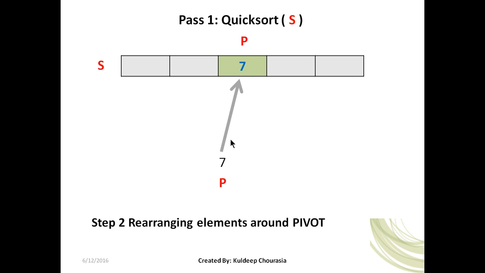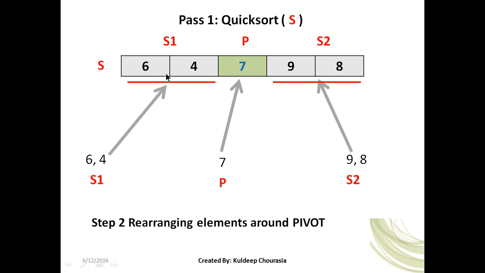At first I put pivot 7 in the center. Then I put numbers less than pivot, which are 6 and 4, to the left. Then I put numbers greater than pivot, which are 9 and 8, to the right. The order in which you put 6 and 4 does not matter.